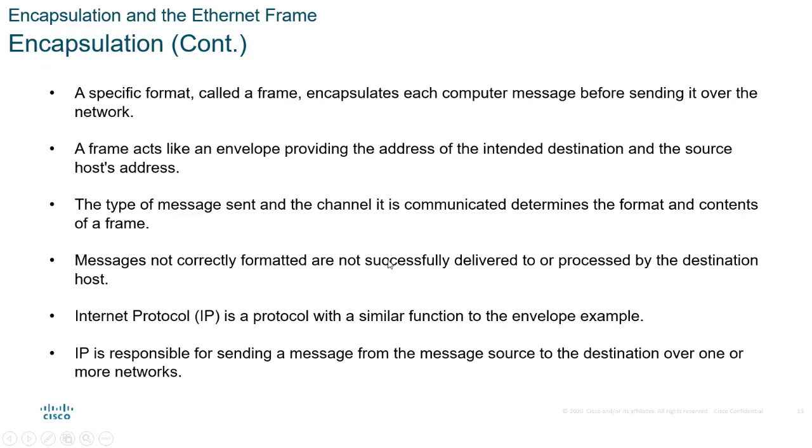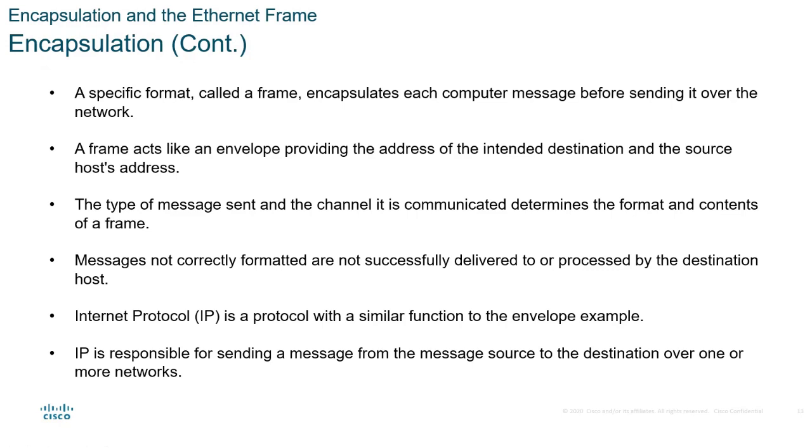So after everything has been put in this frame, if the message is not correctly formatted, it will not be successfully delivered to or processed by the destination host. So that is the reason why we need to enclose them properly. Internet Protocol is a protocol with a similar function to the envelope. It is the one that will enclose everything as it is coming from the network layer, and then it will go through the medium.